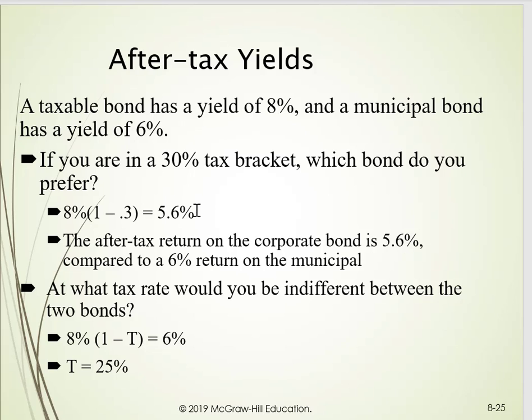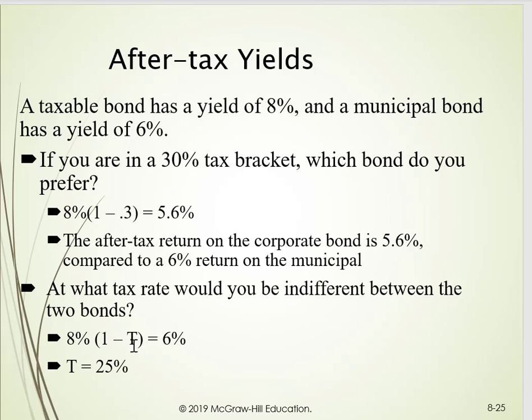So this taxable bond, in the end, net, you'll receive 5.6%. Now, if these are equal risk things, which would you rather have, 5.6% or 6%? And of course, you would rather have the municipal debt rather than the corporate debt, because you get to keep more of your money. Now, can we figure out what tax rate you'd be indifferent between the two?